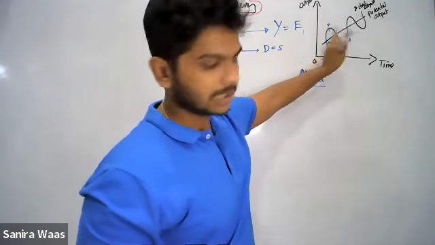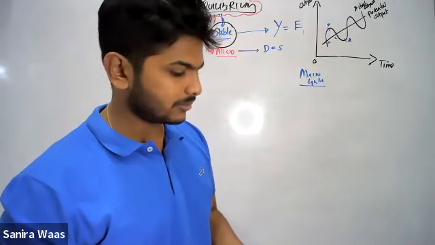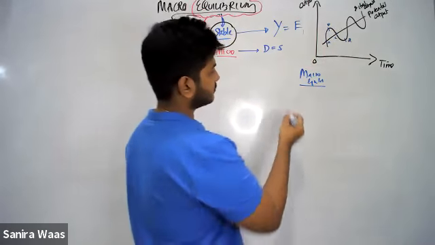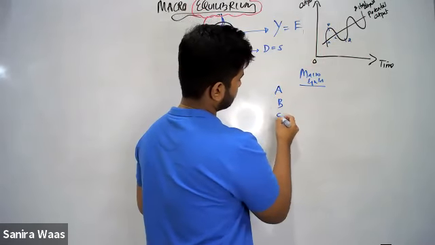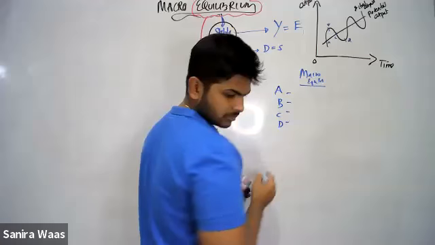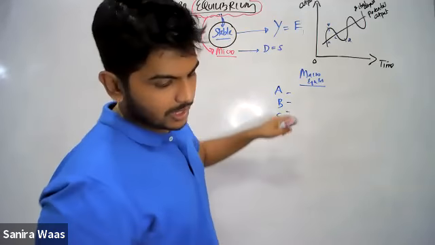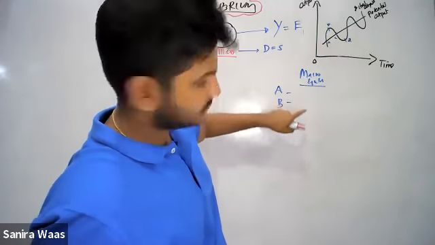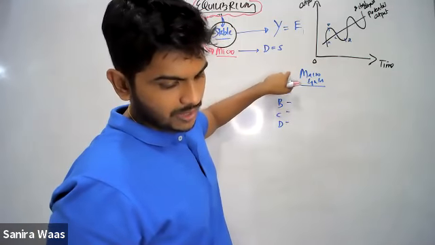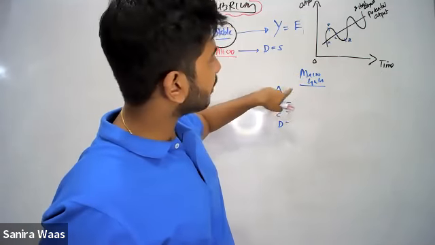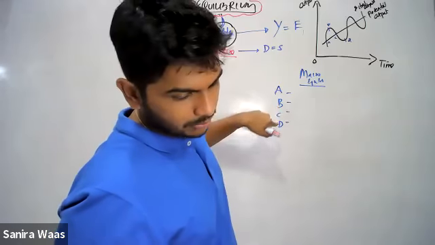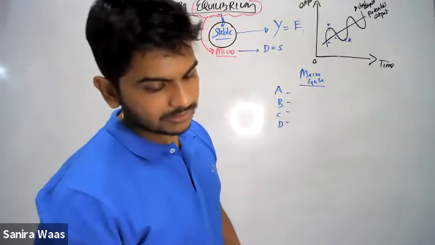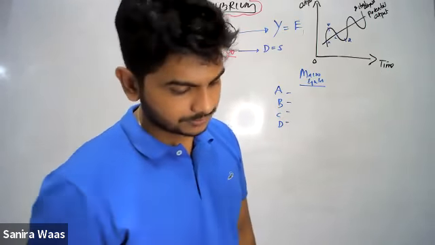A, B, C, D. Do we have macroequilibrium in A? In B? In C? In D? Where is the macroequilibrium?